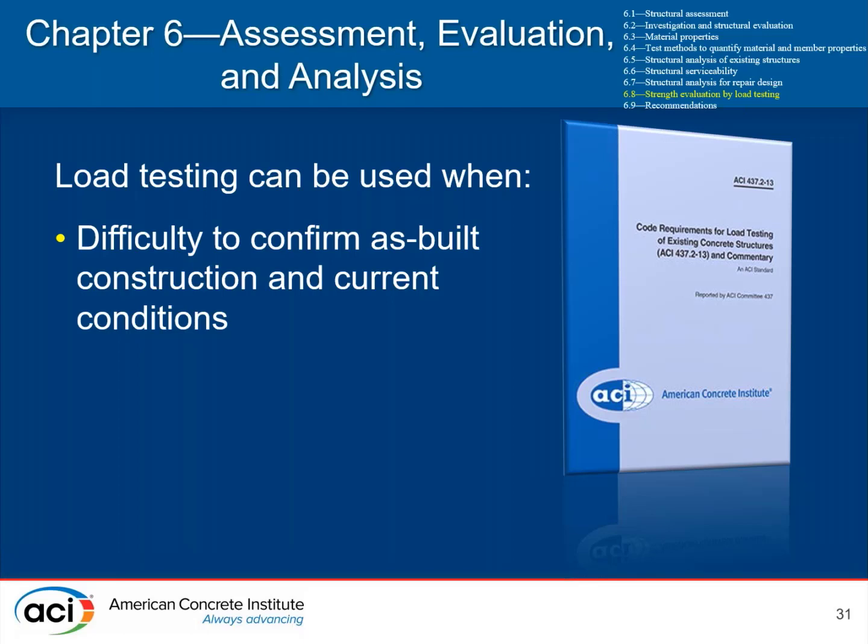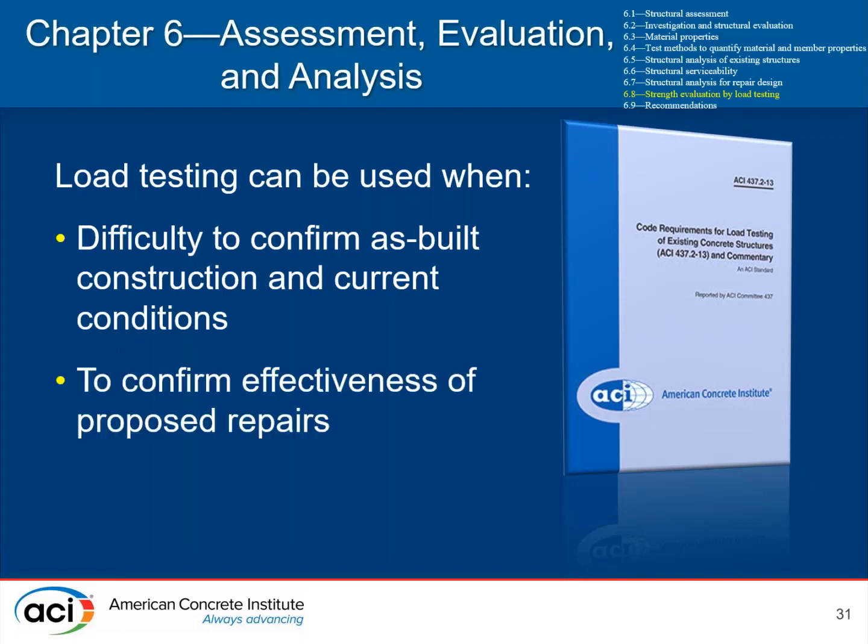Alternatively, if there are construction defects or conditions that can't easily be evaluated, then load testing can be used as a method to evaluate conditions. But it also can be used to confirm the effectiveness of proposed repairs. And so it's useful both in evaluating the existing structure and confirming that what has been done to repair the structure is effective.